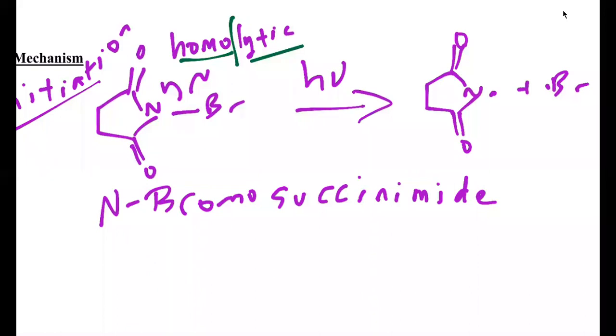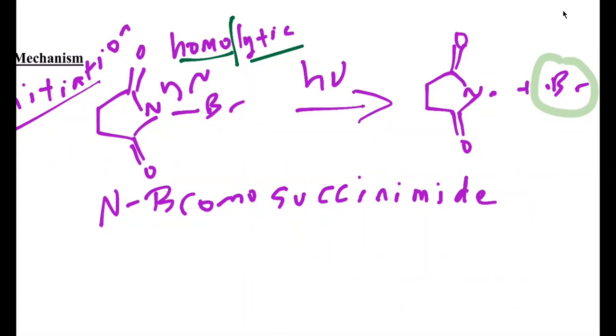Now here's a question that's going to come up when we get to the termination part. We have 4 products, so we're going to need 4 bromines. Although you only see 1 bromine here in the initiation step, keep in mind, if I'm using 1 mole of NBS, that's Avogadro's number of molecules. So I'll never run out of bromine.